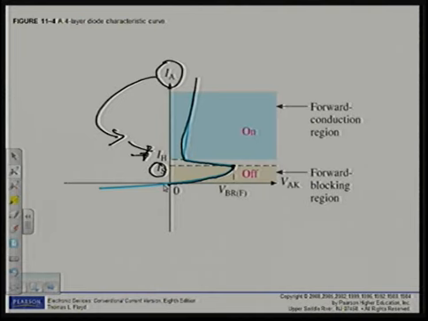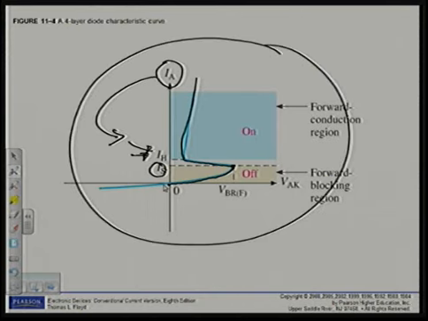Right, that's the basic operation, and you need to know the 4-layer diode's characteristic curve as well with its labeling. Remember this characteristic curve that we looked at, because the other devices that we are going to discuss will be based on the same, and you will see that all these devices basically work on the same principle.